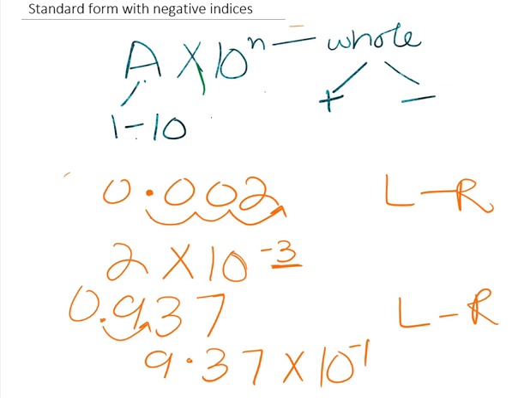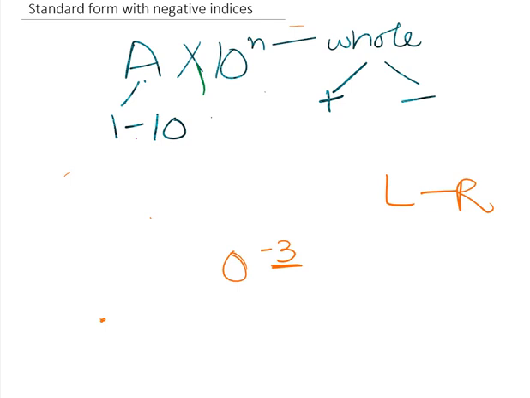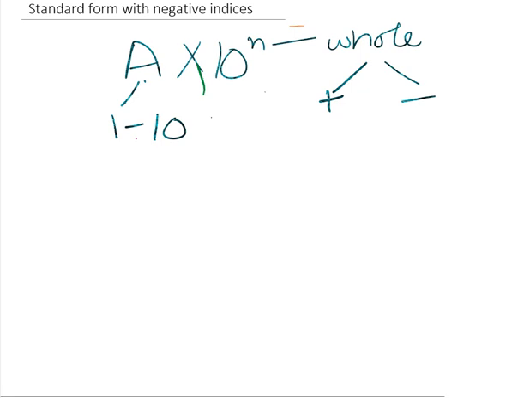That's it. That's the method of converting an ordinary number into a standard number. Let's take another different example. You always have to move left to right whenever you have to convert to standard form with negative indexes, like in this one.